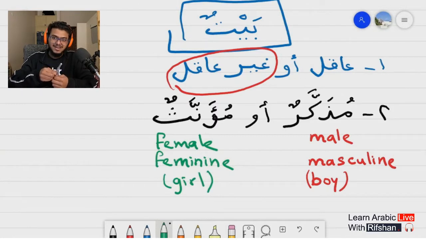We don't care. English doesn't care if nouns are male or female. Most nouns are not divided into female or male words. But in Arabic, they divide almost all words into mudhakkar or muannath.